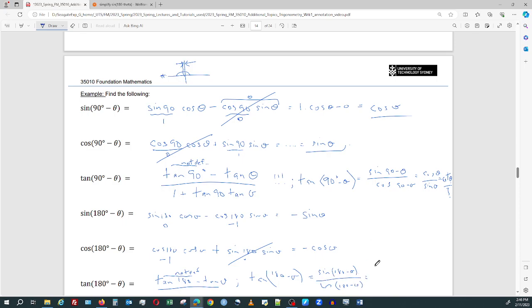And we just did those, so we get minus sine over minus cos, which is sine over cos, just rise over run, which is tan.